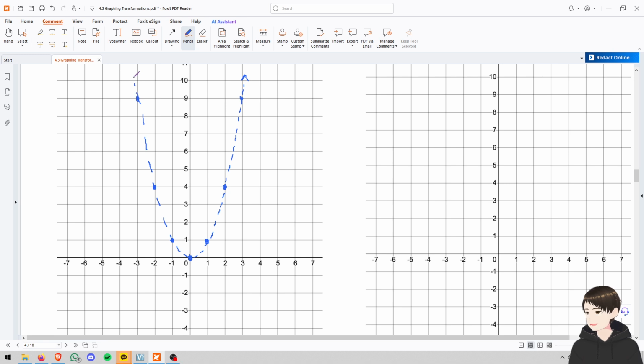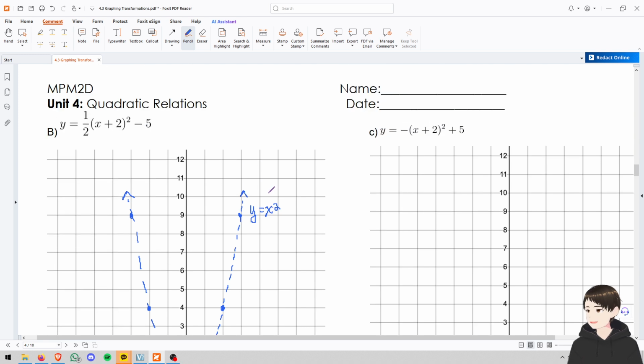Got it. I feel like this is the hardest part, drawing a curve. So that is my y equals x squared. All right, now, tip number 1, draw from left to right.